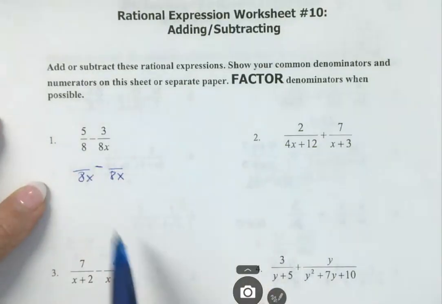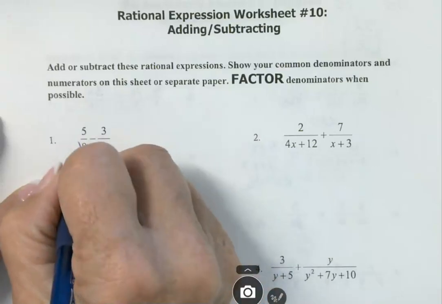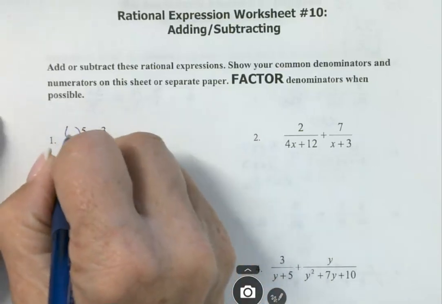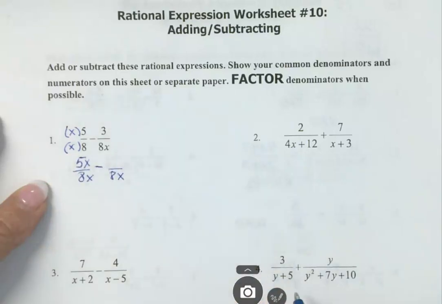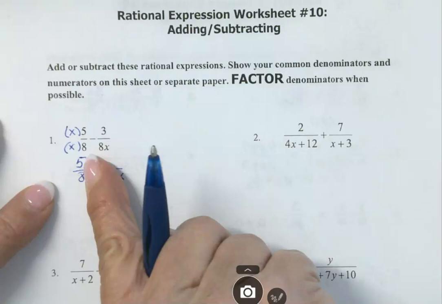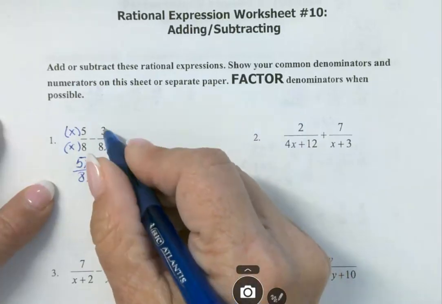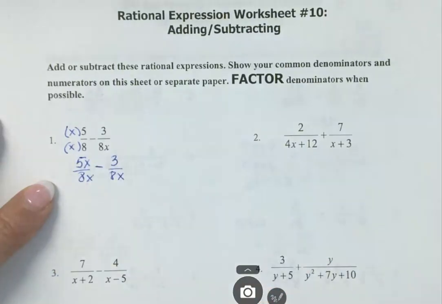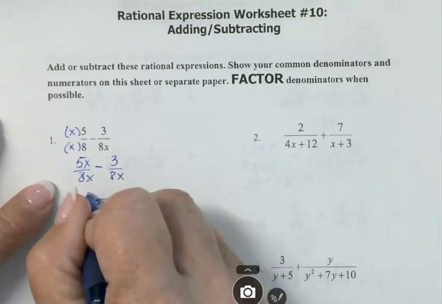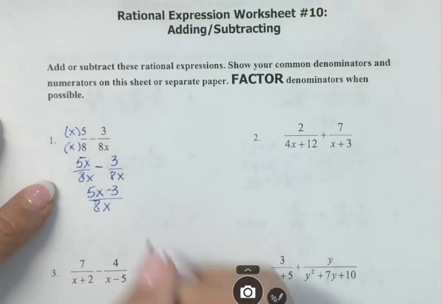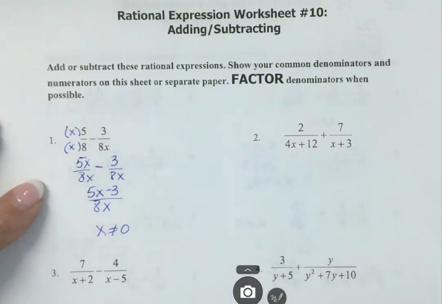So when I go to get a common denominator of 8x, then that means that this one still needs an x, and again, I multiply both the top and the bottom. So that gives me 5x. So see, when I reduce it, it still goes back to the 5/8. Here, I already have an 8x, so I don't need anything else. So my denominators are the same. Add your numerators, or in this case, subtract. And again, x could not be 0 because 8 times 0 is a 0.